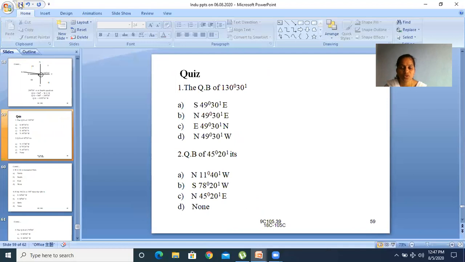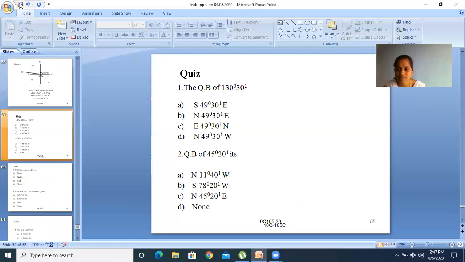Okay, so you can take this quiz. The QB of 130 degrees 30 minutes: WCB is equal to 130 degrees 30 minutes, which lies in the second quadrant. So the rule is 180 minus WCB: 180 minus 130 degrees 30 minutes is 49 degrees 30 minutes.